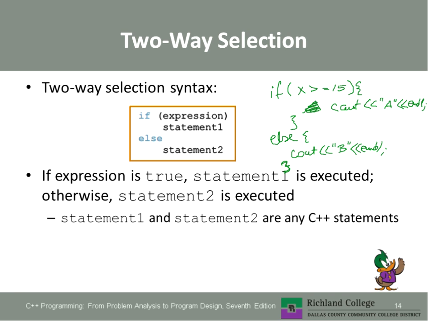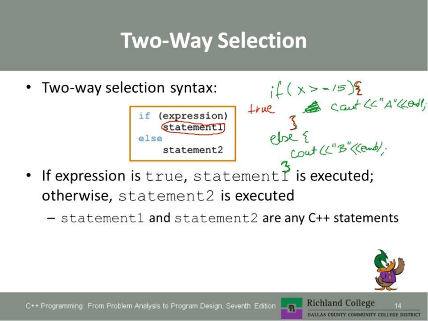If the if statement returns true, everything in this bracket is basically the statement 1. Statement 1 in C++ means anything between these two brackets.